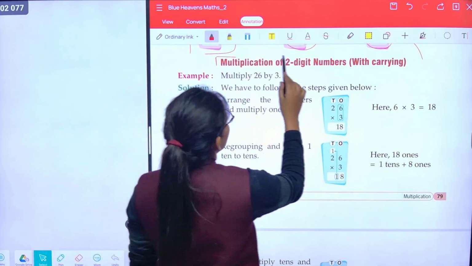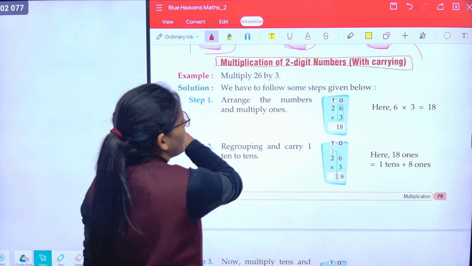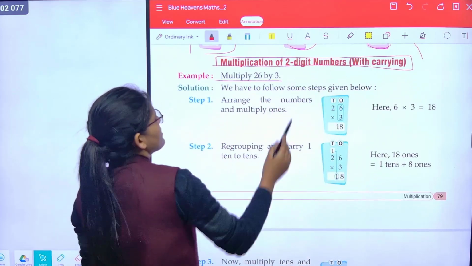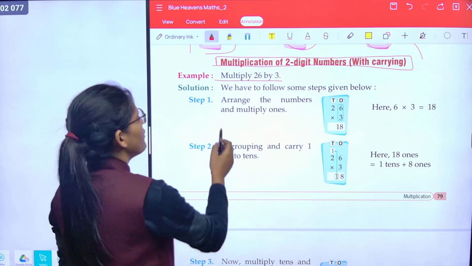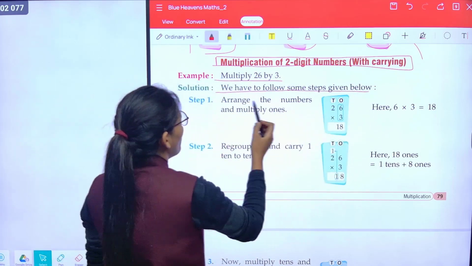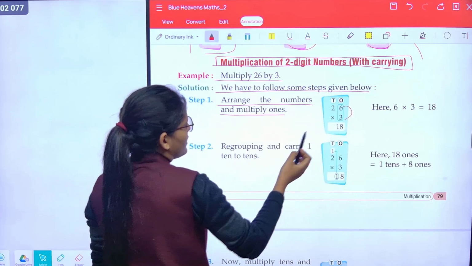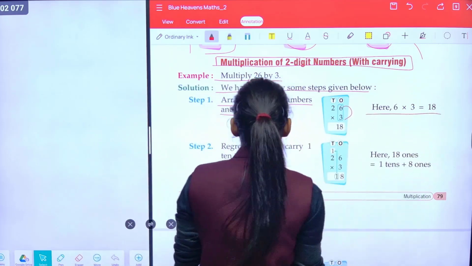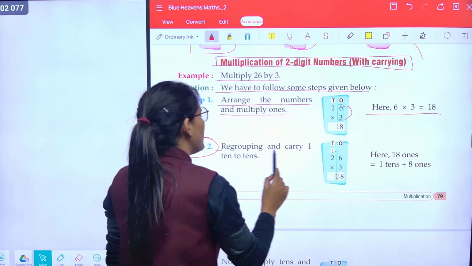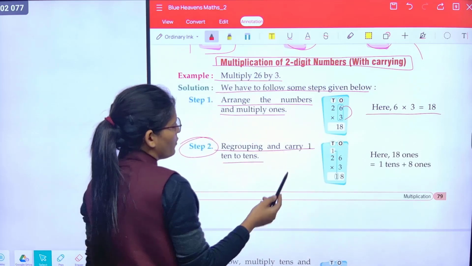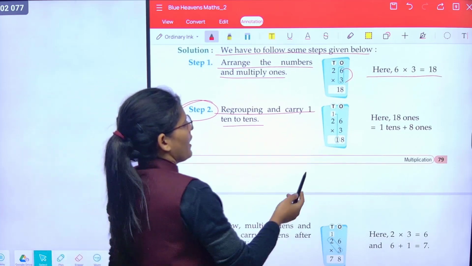Now multiplication of 2-digit numbers with carry. Now class, multiply 26 by 3. We have to follow some steps given below. Arrange the numbers and multiply the ones. 6 3s are 18. Step 2. Regroup and carry 1 ten to the tens.